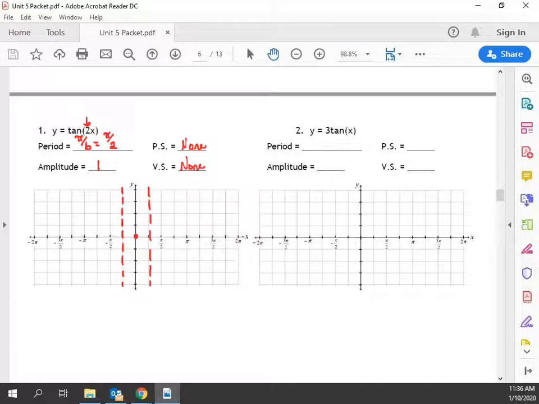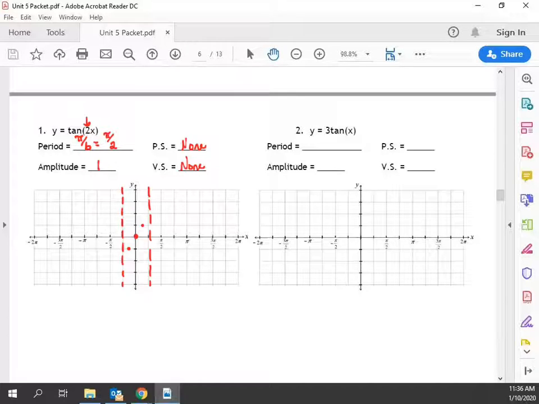Okay? We have down 2 asymptotes. We've done the 1 point in the middle. And now let's go and figure out where these 2 points are. Are they going to be here or are they going to be here? Well, tangent, is it increasing or decreasing? Increasing. So it goes there.